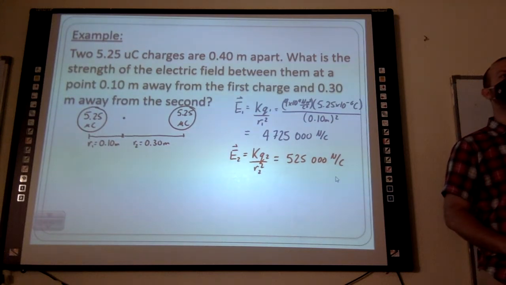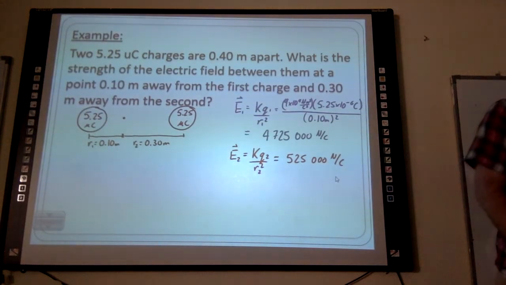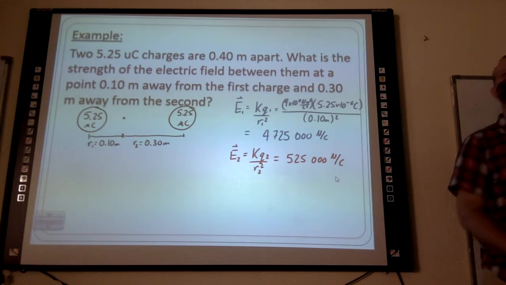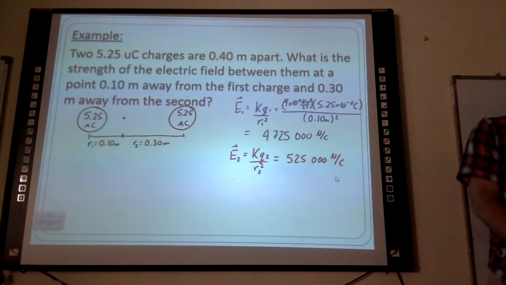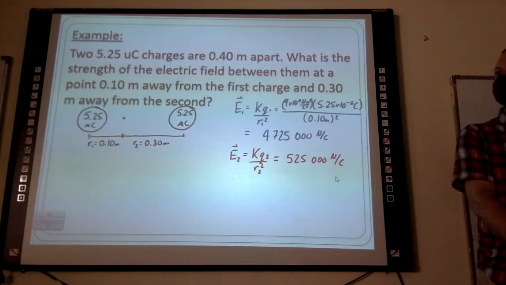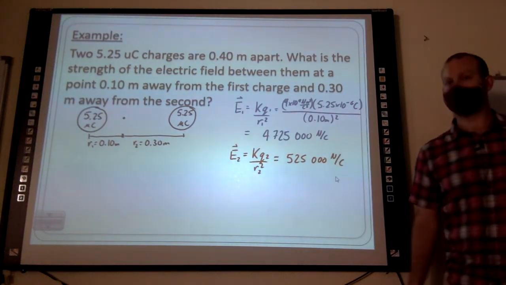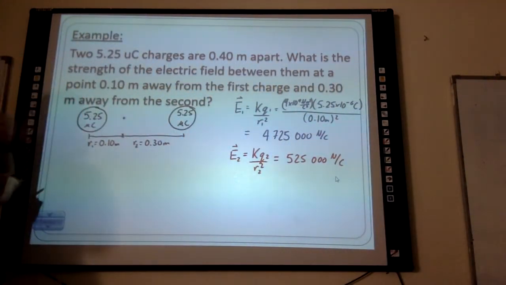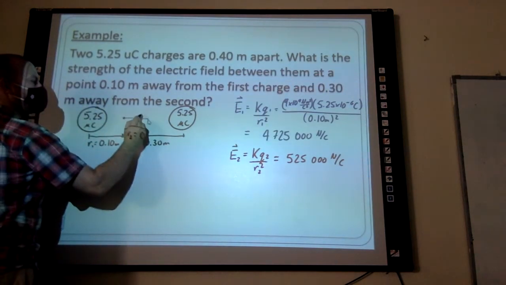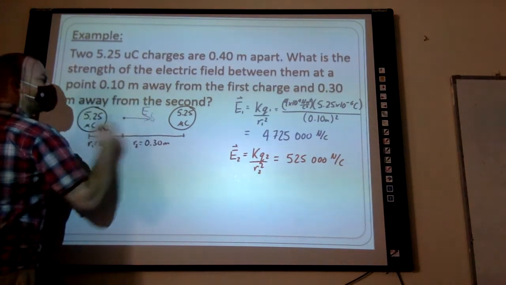So the question then becomes, do we add these or do we subtract these? Subtract them. How come? Because this charge is repelling it, and this charge is also repelling it. Yeah, so both of these objects are going to repel. So if this is my first object, E1 is pointing this way.